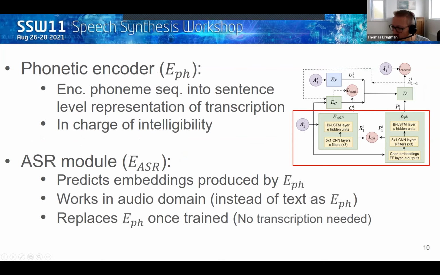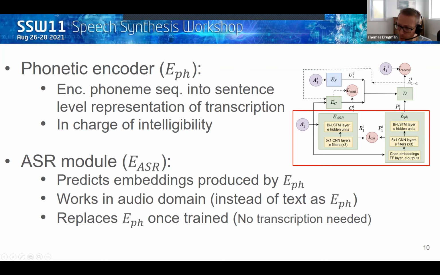The main novelty is this red rectangle here in the bottom, where we have the phonetic encoder and the ASR encoder. So the phonetic encoder takes as input the phonetic transcription and encodes the sequence of phonemes into a sentence level representation. And its goal is to maintain a high intelligibility. The ASR encoder, which is here, its goal is to produce embeddings which are as close as possible to the phonetic embedding.